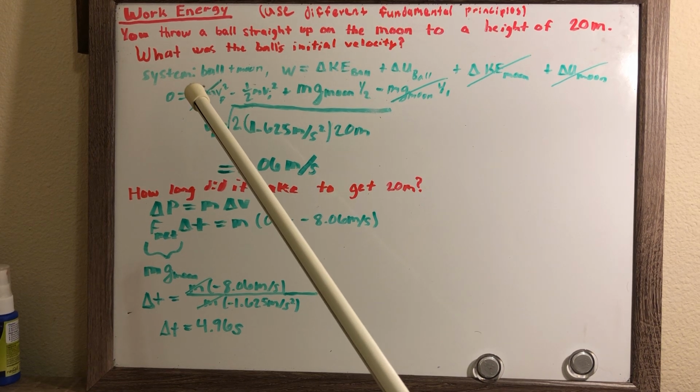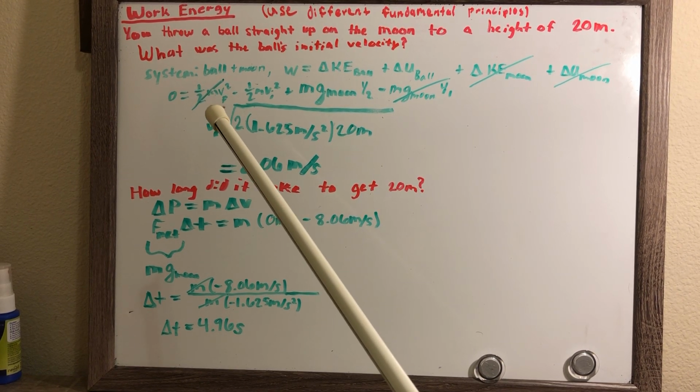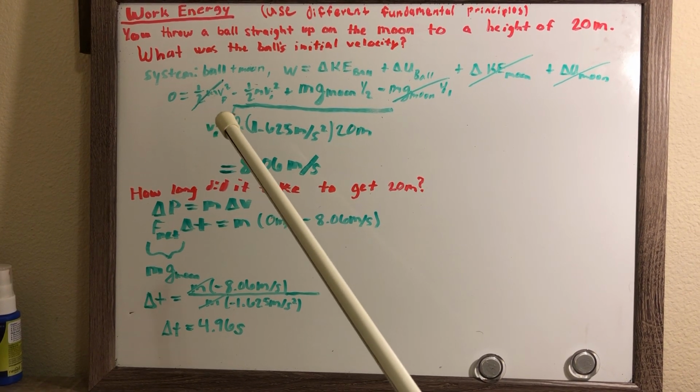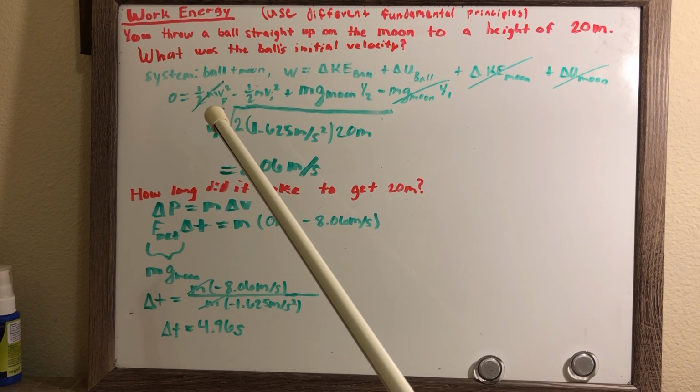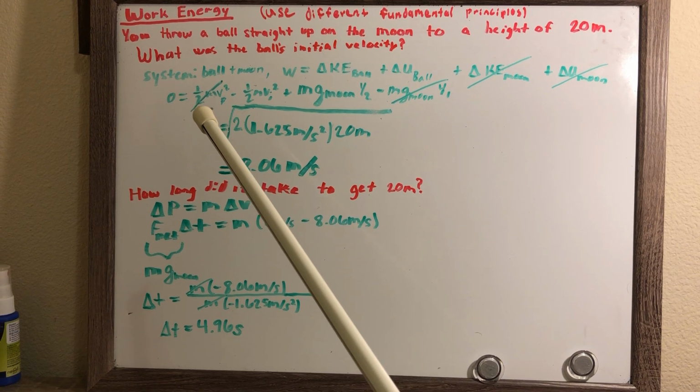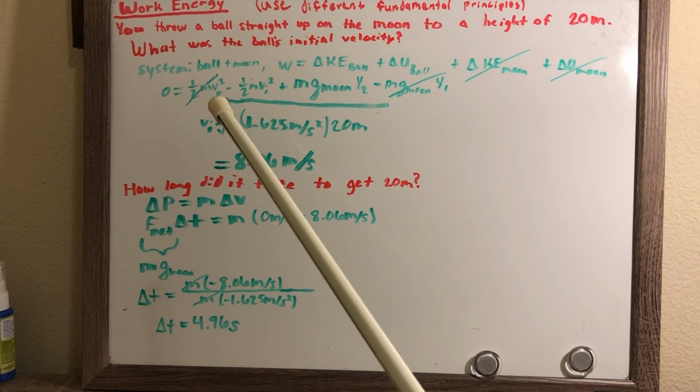The final kinetic energy is 1/2 m v_f squared, where the final velocity is 0 because at the peak, at the 20 meter height that it reaches, the velocity is 0.